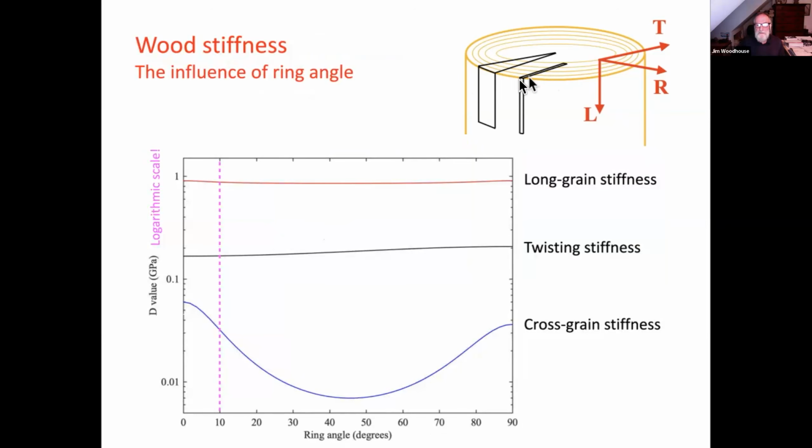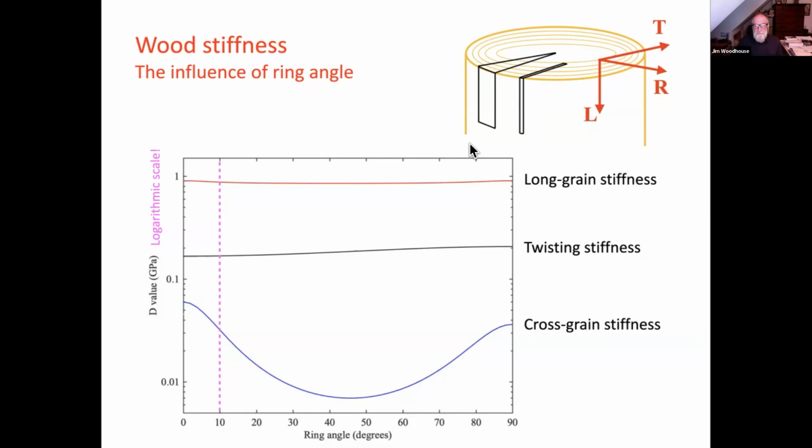Maybe the timber yard has cut the guitar top plate like this. It's a little sketch here. So it's nicely capturing the L direction, but it's not really lying in the quarter cut direction. The annual rings are not perpendicular to the surface, they're going through at some angle. Well, that makes a big difference to these effective stiffnesses of that guitar top.